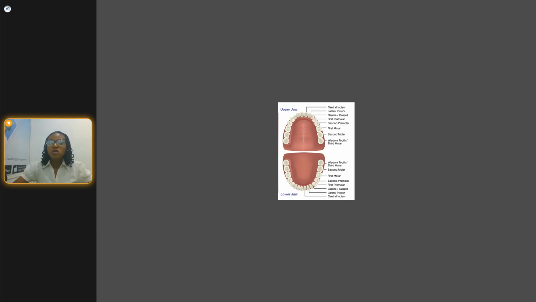So that is what we mean by the internal structure of teeth. We have the types of teeth, but before we go to the types of teeth, we want to start from the external structure of teeth, the things that you can see here.